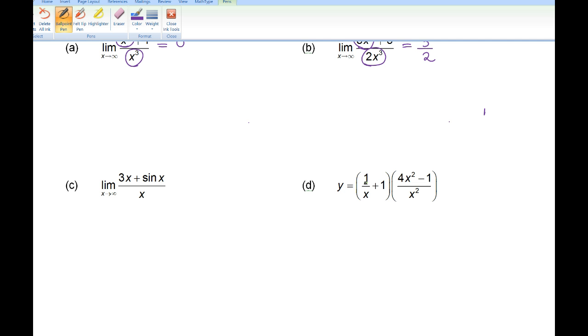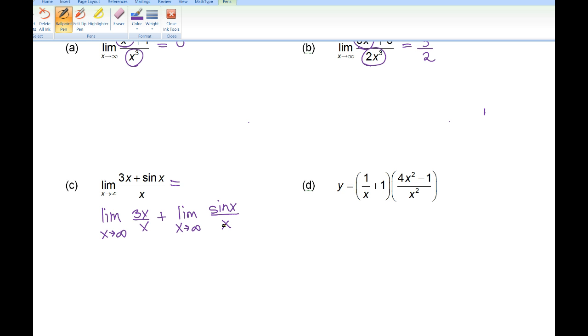Okay, next one. Now, next one we have to separate this into 2 limits. We have to separate it into 2 fractions.